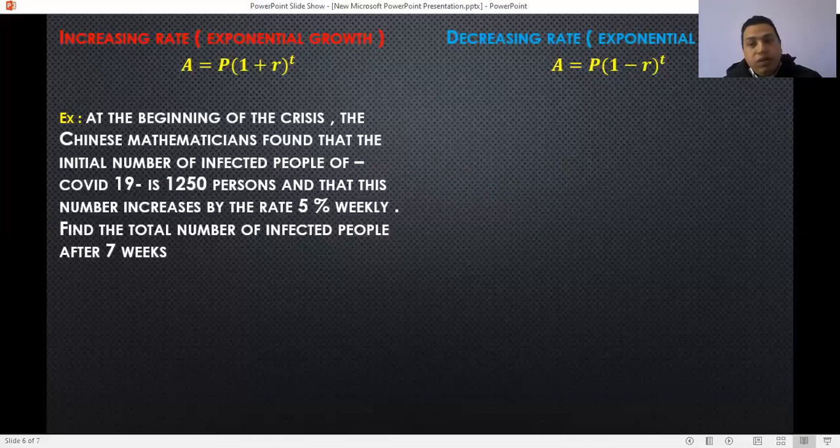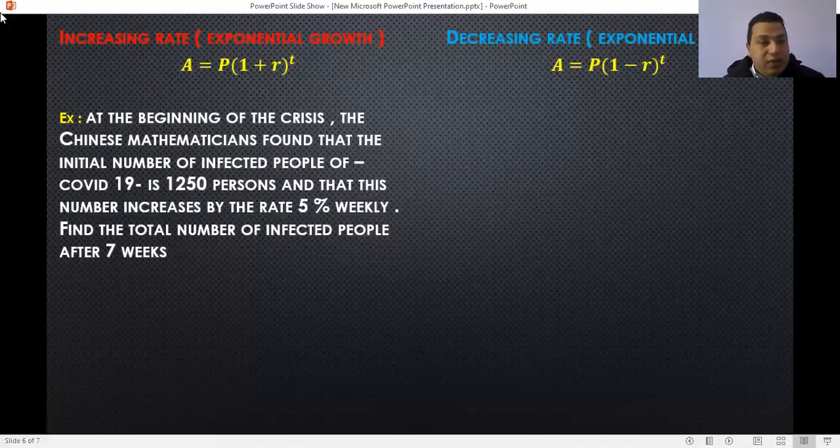Here, the Chinese mathematicians found that the initial number of infected people of COVID-19 is 1,250 persons. This is at the beginning of the crisis.